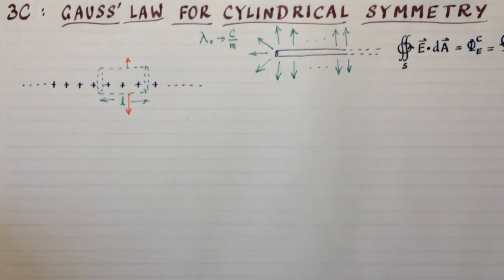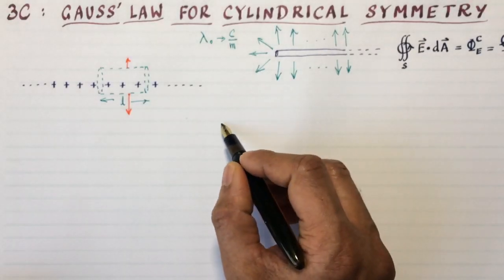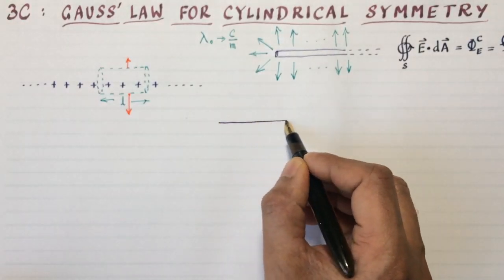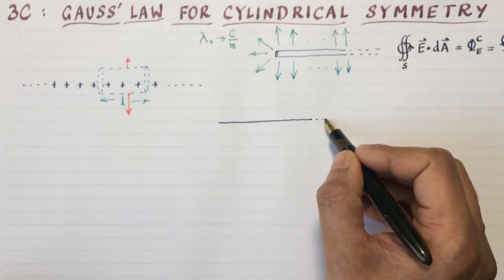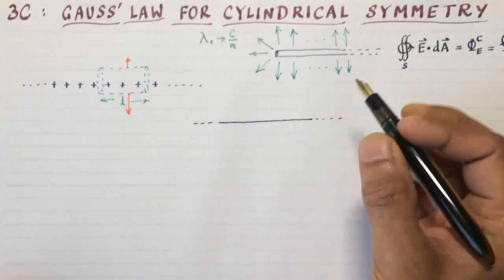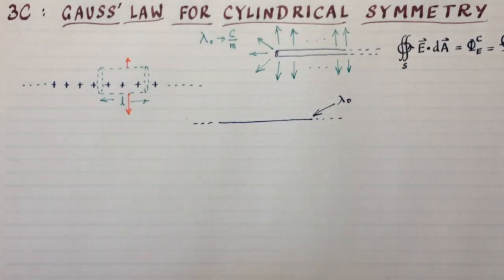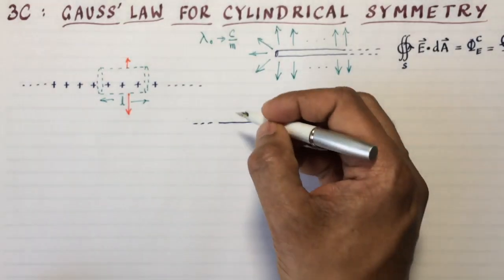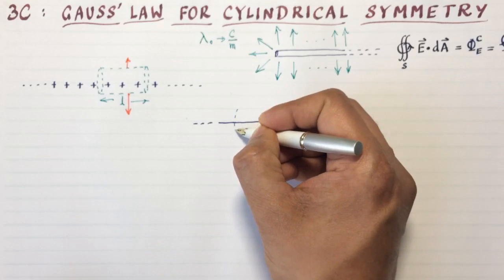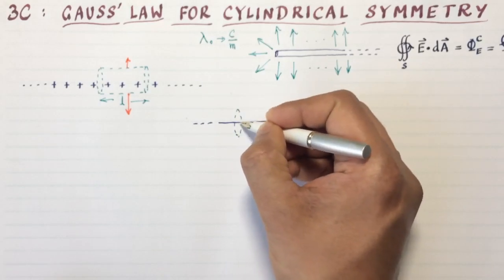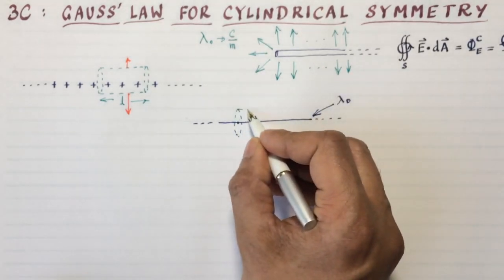What would a good choice be? Obviously one that's symmetric. So let's take a charged line, and this time I'll draw it by a solid line, and it's got a charge density lambda naught throughout. The Gaussian surface I'm going to choose is a sensible one, so I center it around the charge line.